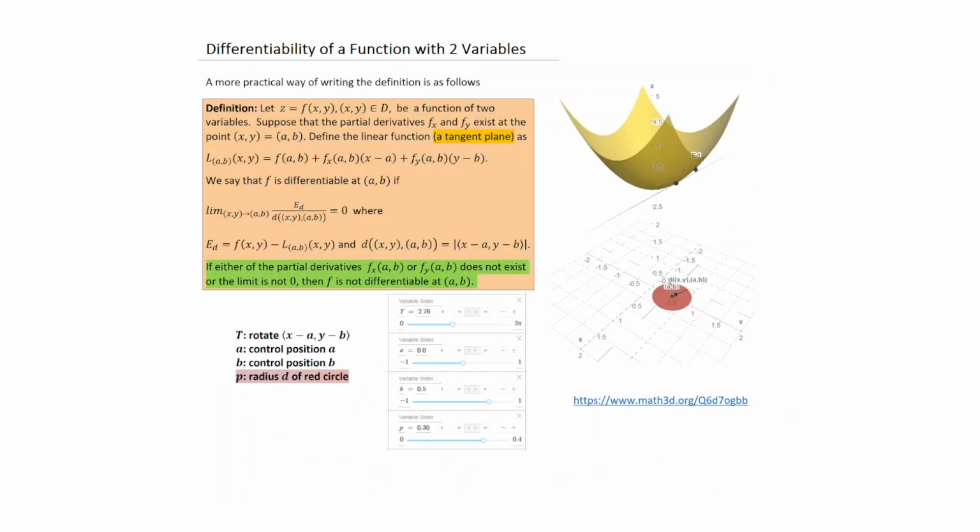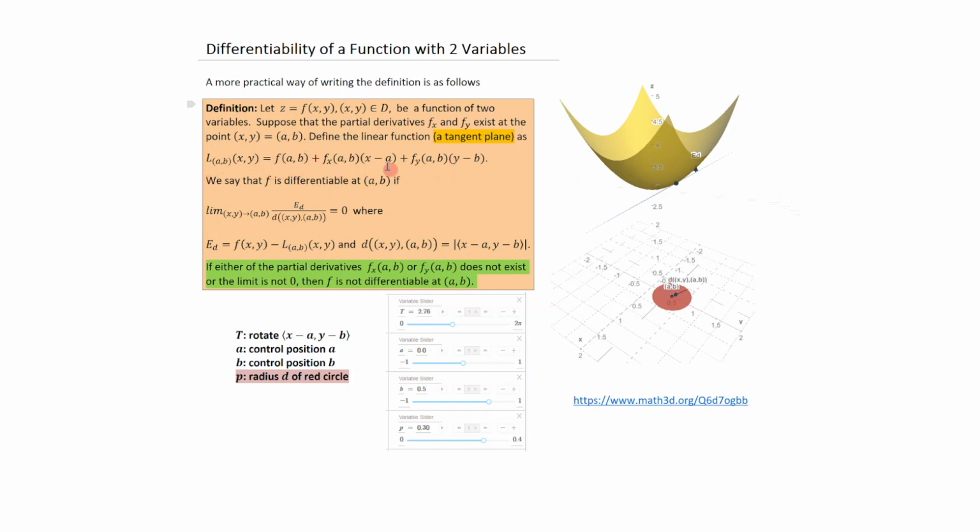Okay, so here's now the definition of differentiability when we move to two variables. Point your attention to the fact that the L function, which previously was one-dimensional, is now two-dimensional. You'll notice it's a Taylor series expansion. We'll talk more about this in a few lectures, but you can see there's a constant term.